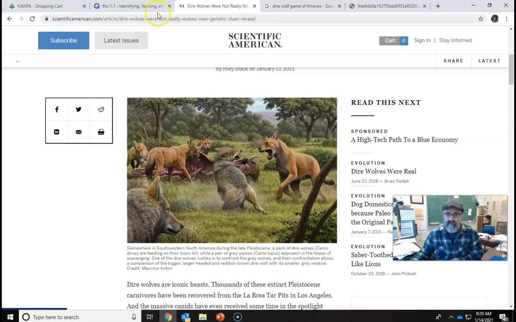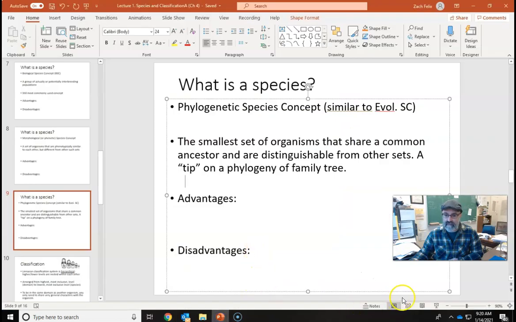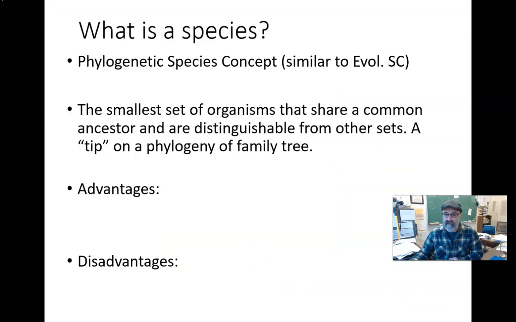So that's pretty interesting, and not necessarily an application. Well, actually, the application of the morphological species concept really indicated that these two were closely related, maybe even the same species. But now looking at the phylogenetic species concept, we realize that they are not closely related at all, right? Some disadvantages of this phylogenetic species concept.